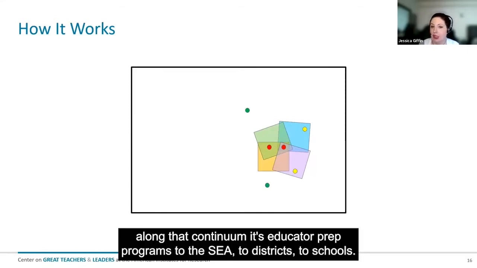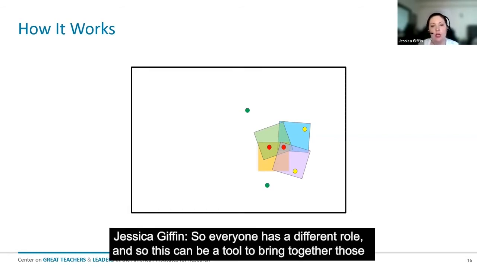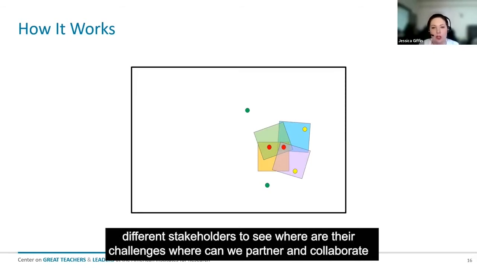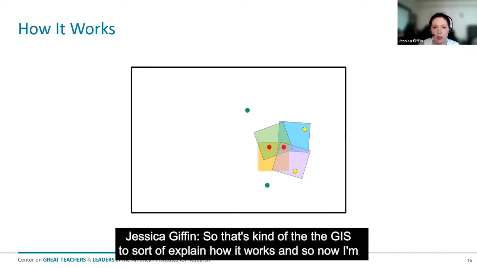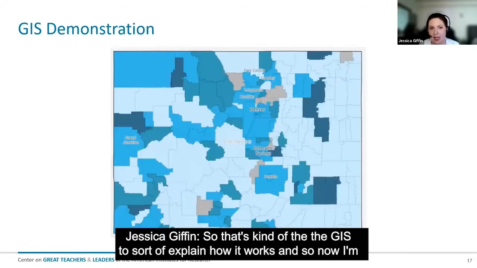It's educator prep programs, to the SEAs, to districts, to schools. So everyone has a different role. And so this can be a tool to bring together those different stakeholders to see where the challenges are, where we can partner and collaborate together so that we can convene the right people to take the right actions at the right place. So that's the GIS 101 to explain how it works.